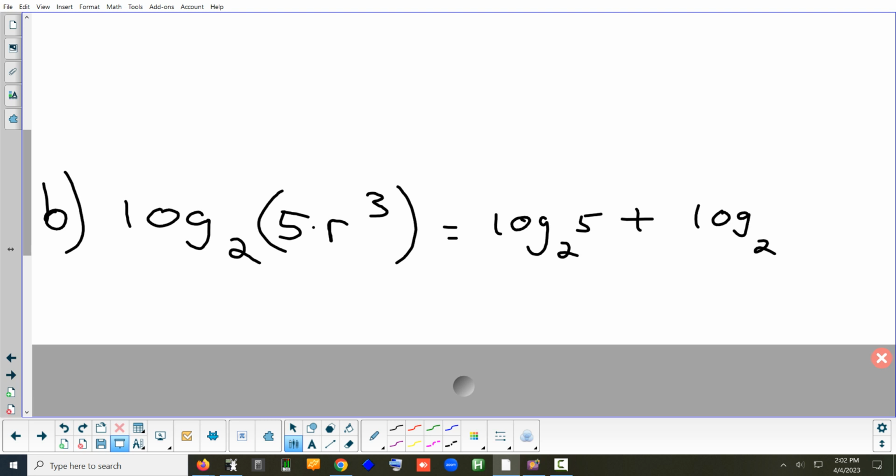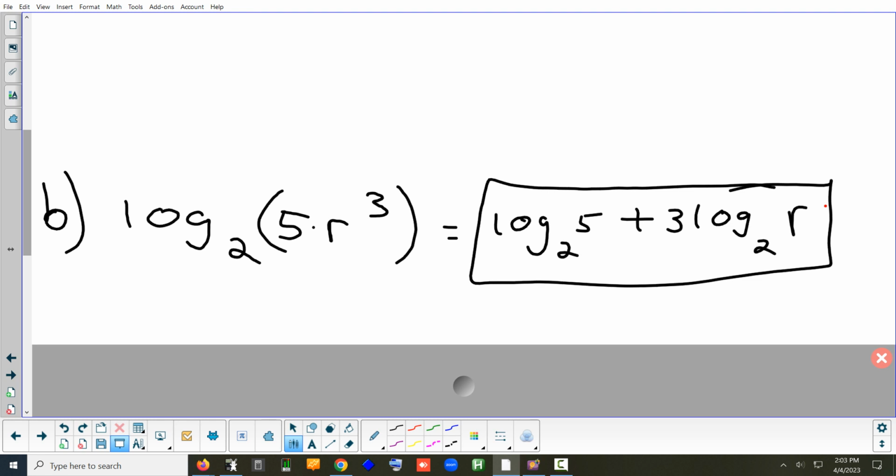R. Would it just be R? You can move 3 in front. Well, we'll do it in 2 steps. Or we can do it in 1 step if you want. So before you move it to the front, what would you put right here? R to the 3rd. But then, what did you say to do with the 3 that would be right here? Move it to the front. So this would have been r cubed, but the direction said not to leave exponents.